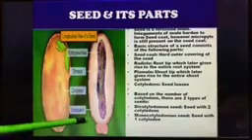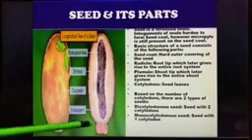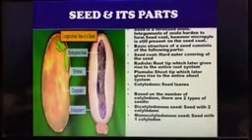In castor, endosperm is there which is a reserved food material, and here the cotyledons are very thin and papery. So here nourishment is provided to the germinating seed by the endosperm.